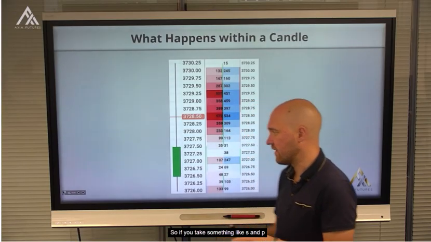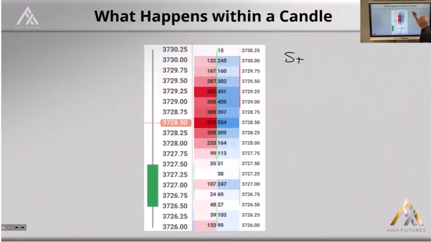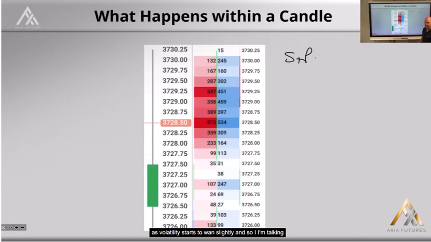So if you take something like the S&P, as volatility starts to wane slightly, and I'm talking about the volatility period at the end of the first quarter in 2023, volatility starts to drop. You're looking at a rotation on the S&P of probably around 12.